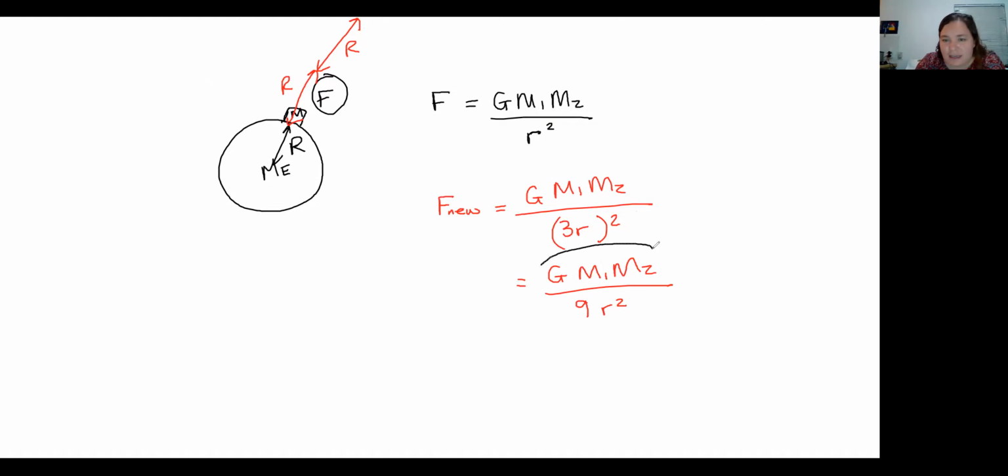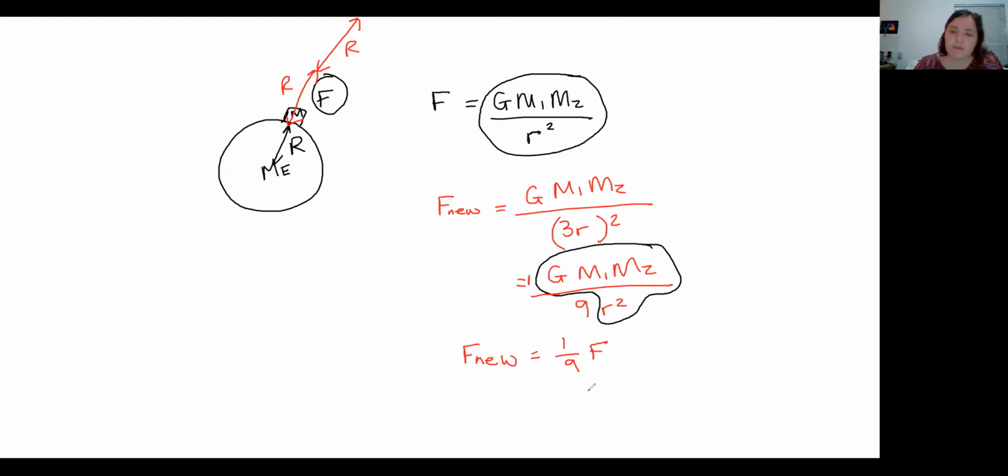All of this here can be replaced with this here. So I can go and say that my new force, when it's twice the radius above the surface of the Earth, sorry, that should read new, not net, new, will be 1 over 9 times the original force.